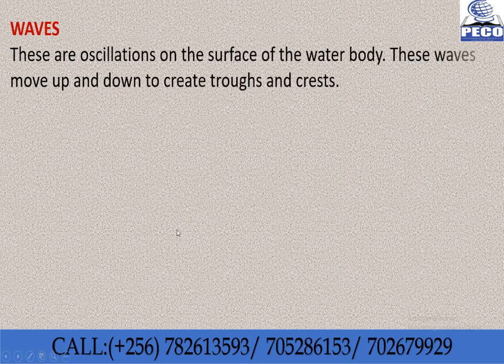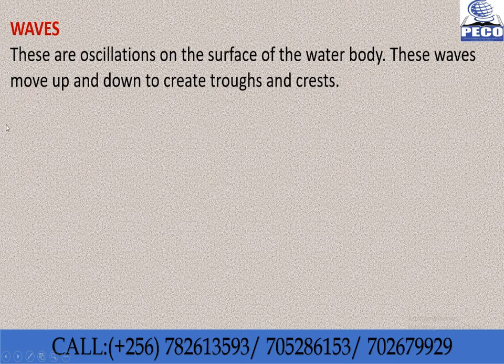Then another terminology we shall come across is waves. And by definition, waves are oscillations. Oscillations refers to the rotation of the water. So these are oscillations on the surface of the water body. So the rotations or the breaks of the surface of the water body form what we call waves.